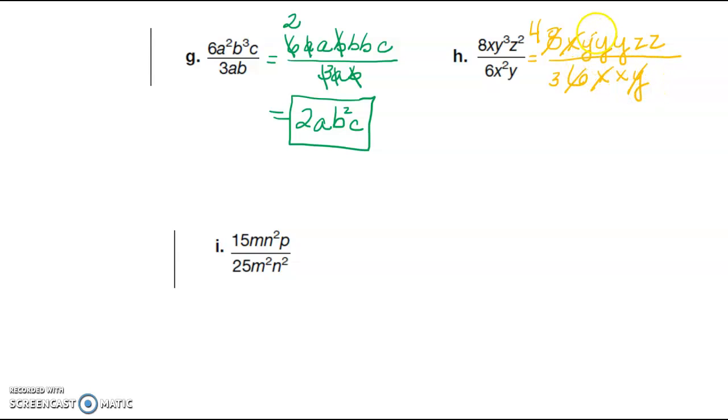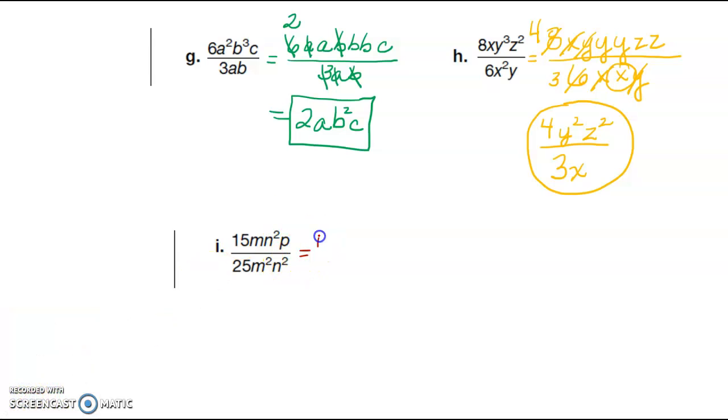I have a y that can go away, and that's all for y. So let's see what we have on the top. I have 4, and let me look along here. I have 2 y's, and I have 2 z's. And on the bottom, I have 3 and 1 x here. So this is my answer.